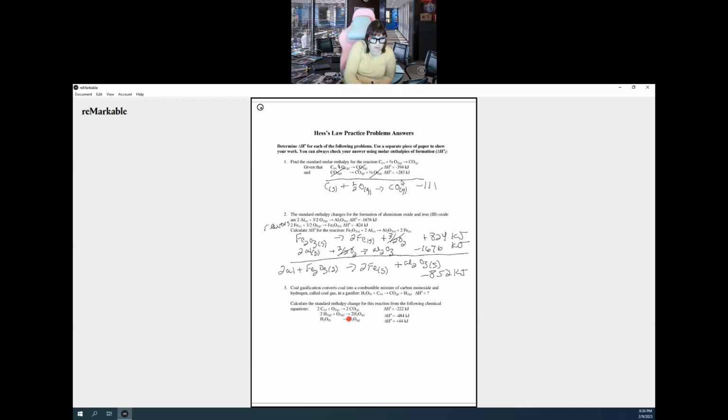So I want H2O liquid, and I only have H2O gas here. So what I see first is I need to take this 2H2 gas plus an O2 gas goes to 2H2O gas, and that is going to stay the way it is, negative 484.